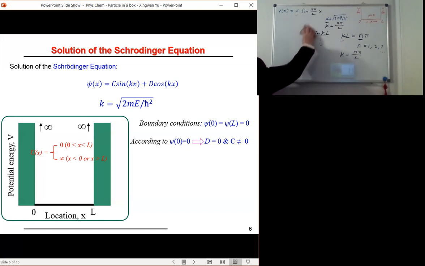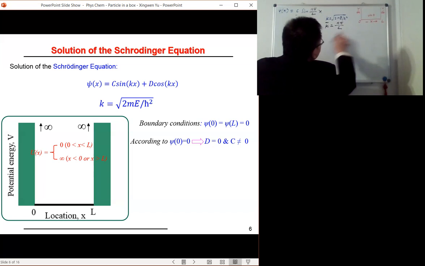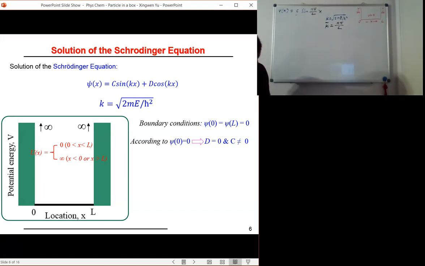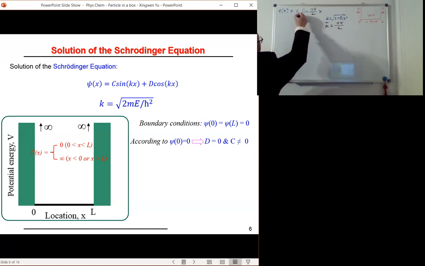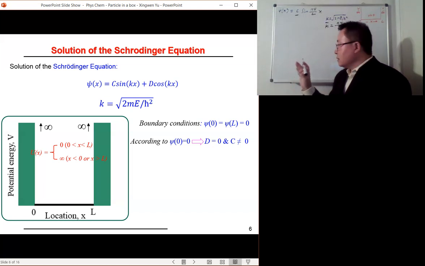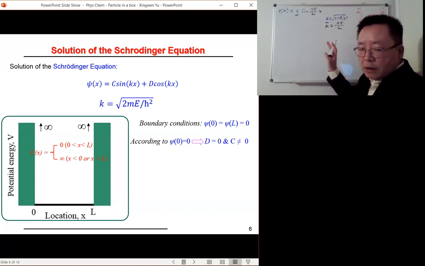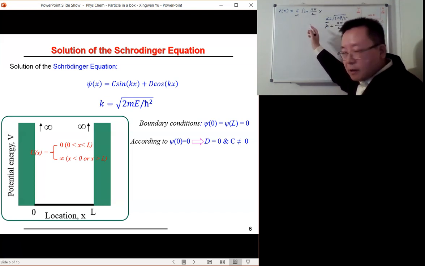Now in this wave function expression, we notice that C is still unknown. It's a constant generated when solving the Schrodinger equation. How to solve C?